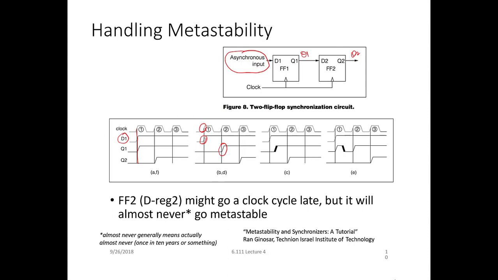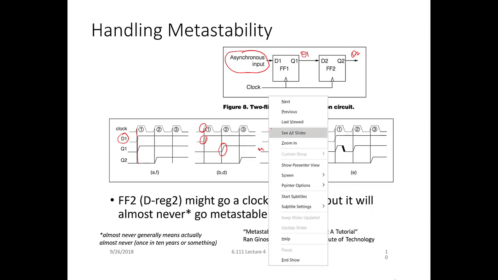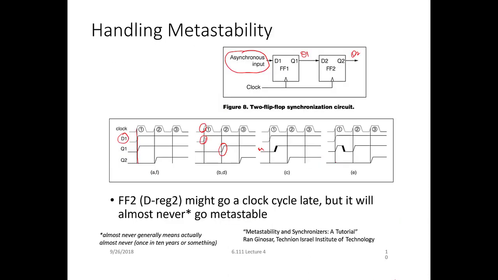What can happen in this case, for example, is that here is our Q1 and here is our clock. So when the clock goes and samples our D input, it is in the middle between 0 and 1. And when it is in the middle between 0 and 1, your system Q1 goes metastable.